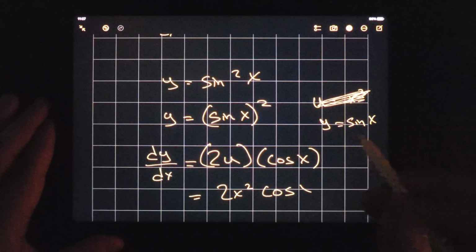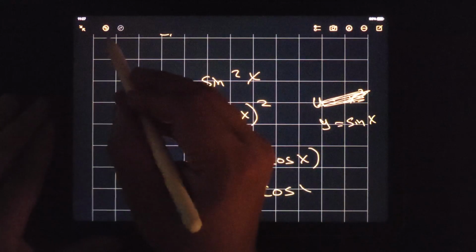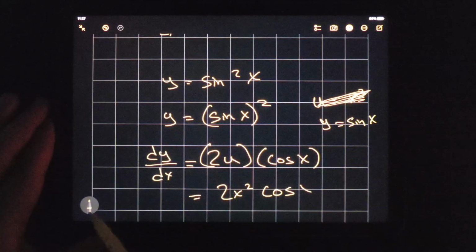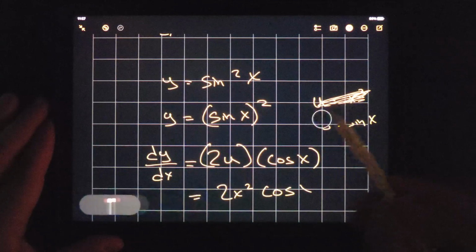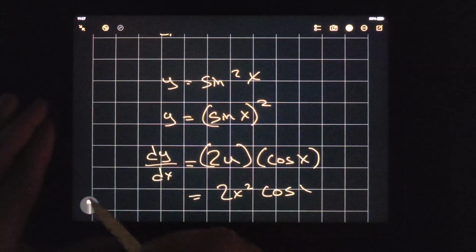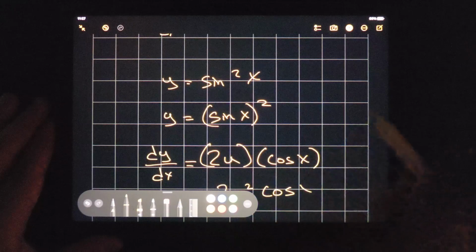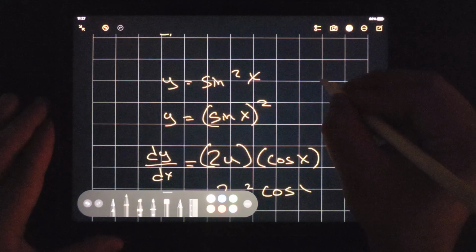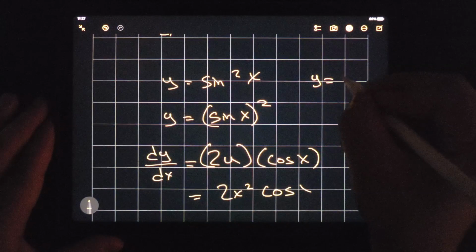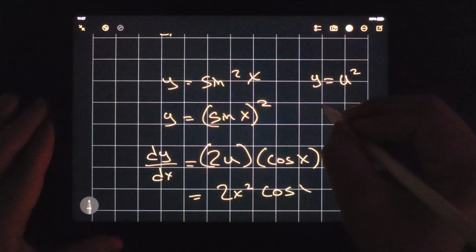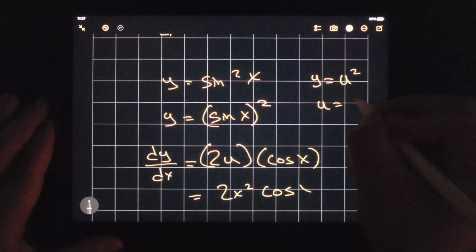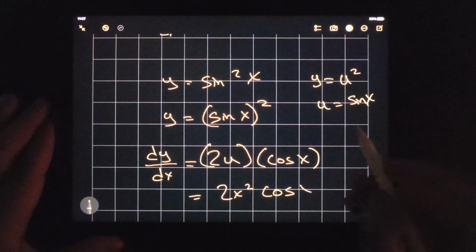This one's incorrect. Oh no, I confused a lot of people. This is actually going to be y equals u squared, and u equals sine x.